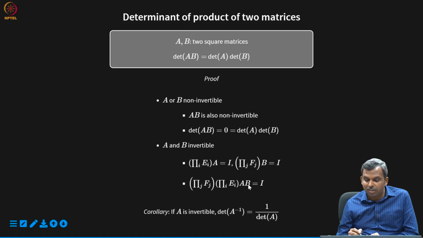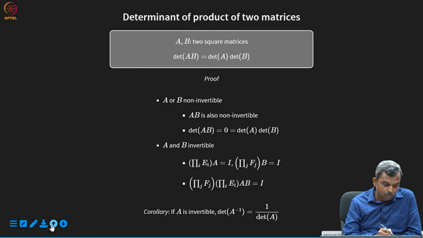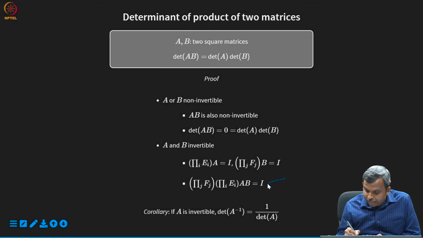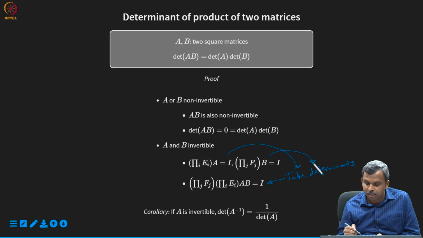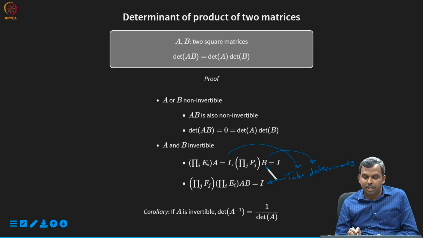Then what do you do once you have this equation? Once you have this equation, you're through. So you take determinants; let me write that down. You can take determinants here, and then take determinants here. You will see the determinant of A and the determinant of B, and when you multiply those two, you get the determinant of AB.